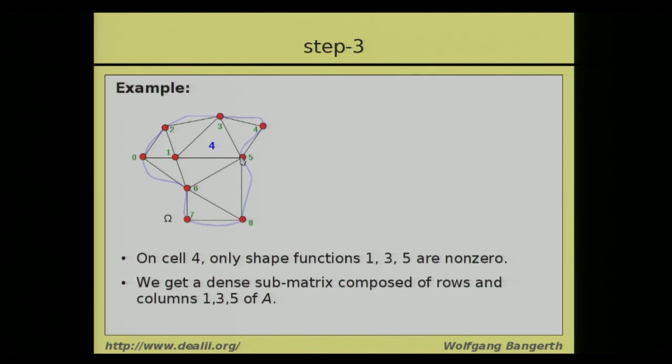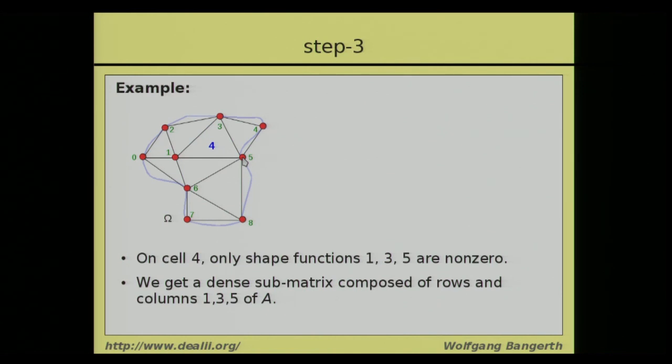All of the other shape functions are 0. Okay? So in this case, from this particular cell here, we need to compute the contributions to the matrix entries A11, A13, A15, and A33, A31, A35, and A55, A51, A53.